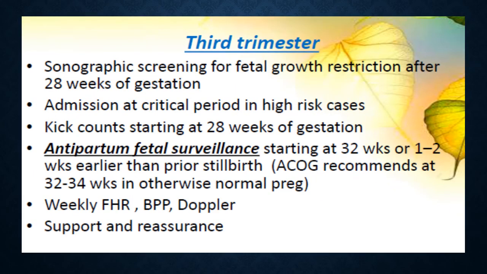During the third trimester, you have to repeat the sonographic screening for fetal growth restriction after 28 weeks of gestation, with admission at the critical period in high-risk cases. Kick count starting at 28 weeks of gestation gives you an impression about the well-being of the baby. Then comes antepartum fetal surveillance, starting at 32 weeks or 1 to 2 weeks earlier than the prior stillbirth: weekly fetal heart rate, biophysical profile, and Doppler.